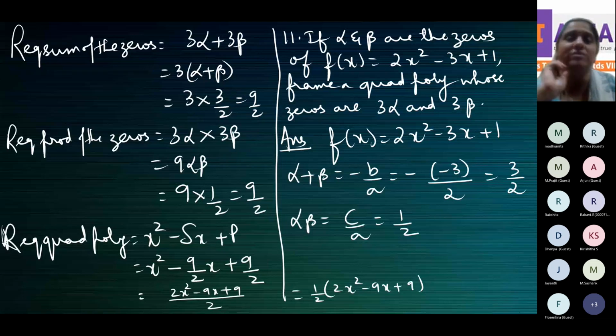Then we find the required sum of the zeros. The zeros are 3 alpha and 3 beta, so the required sum is 3 alpha plus 3 beta. Product is 3 alpha into 3 beta. Once you get these values, put it in the standard form: x square minus sum of the zeros into x plus product. That's the standard form.